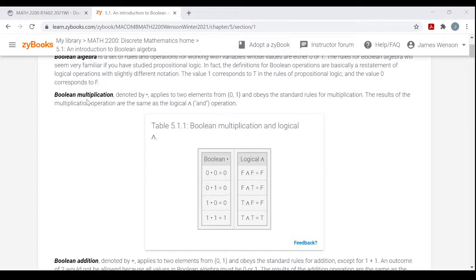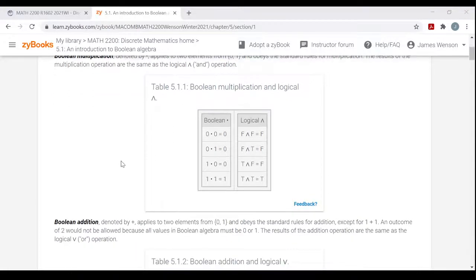Alright, so if Boolean multiplication is like the AND operation, conjunctions, we're going to see that Boolean addition is like the inclusive OR operation for propositions, the disjunctions.